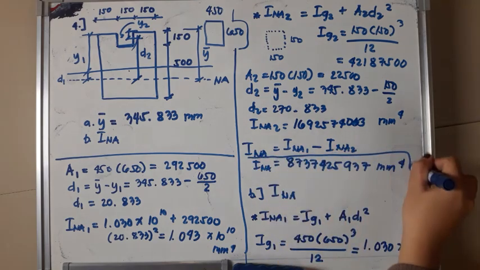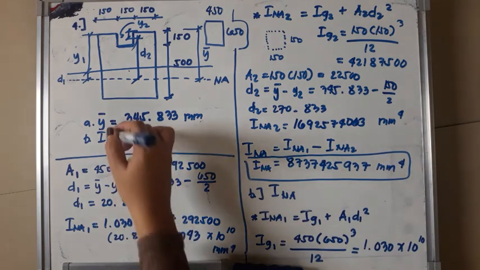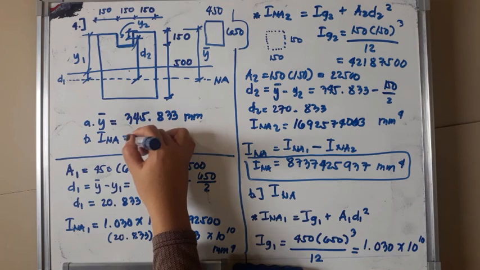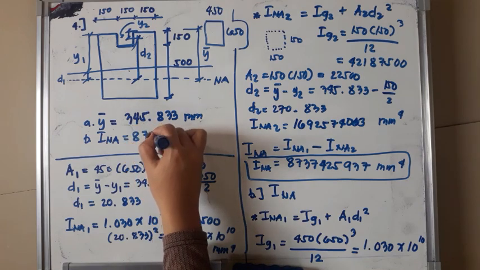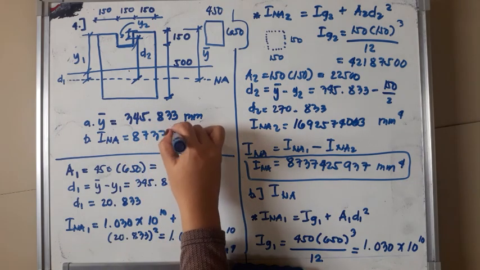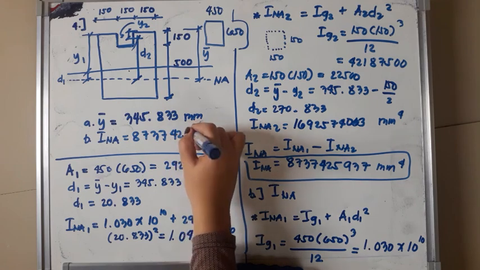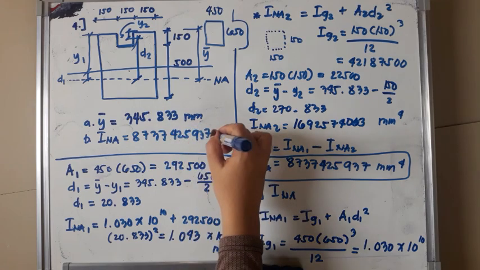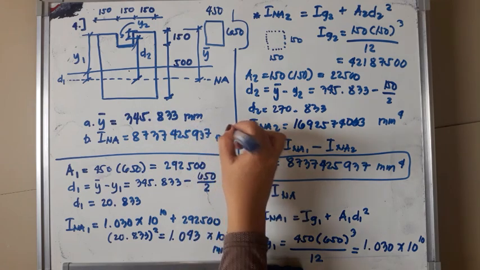So this is the answer for letter B. 8737.425.937 mm raised to 4.